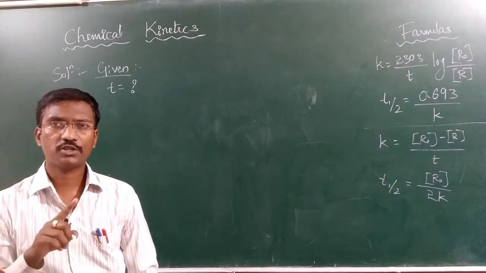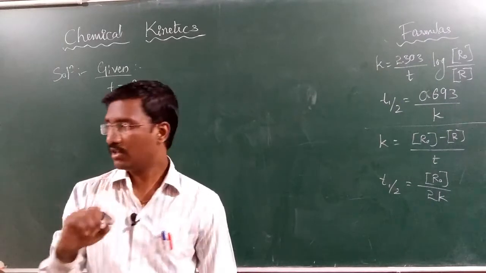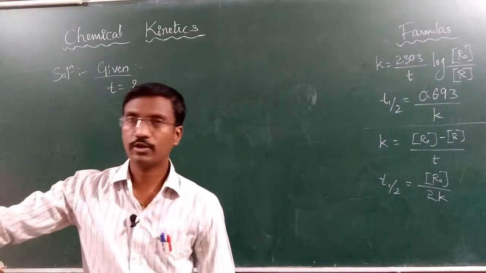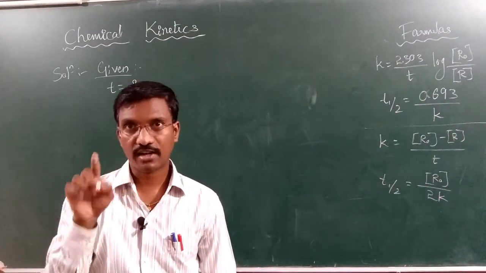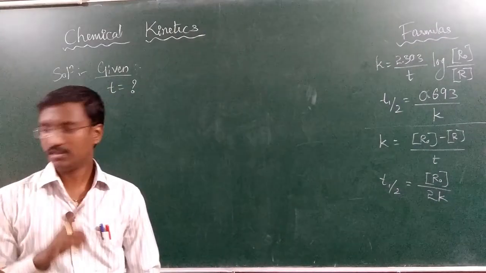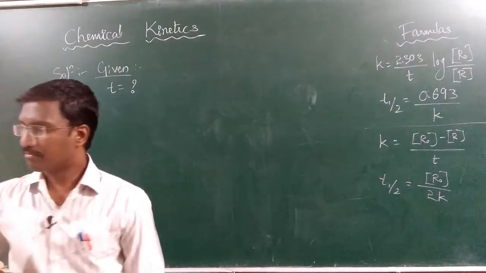First order and zero order can be determined by referring to the SI units. Can you see here in this problem, K is equal to 6.02 into 10 raised to minus 4 per second. That SI unit of per second for the rate constant itself indicates that the reaction follows first order. So this is important.